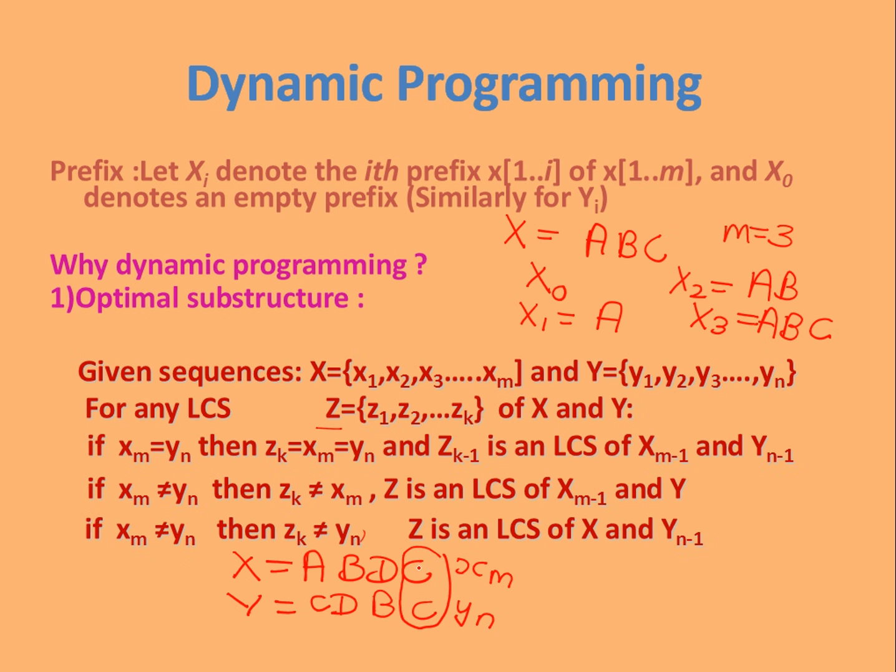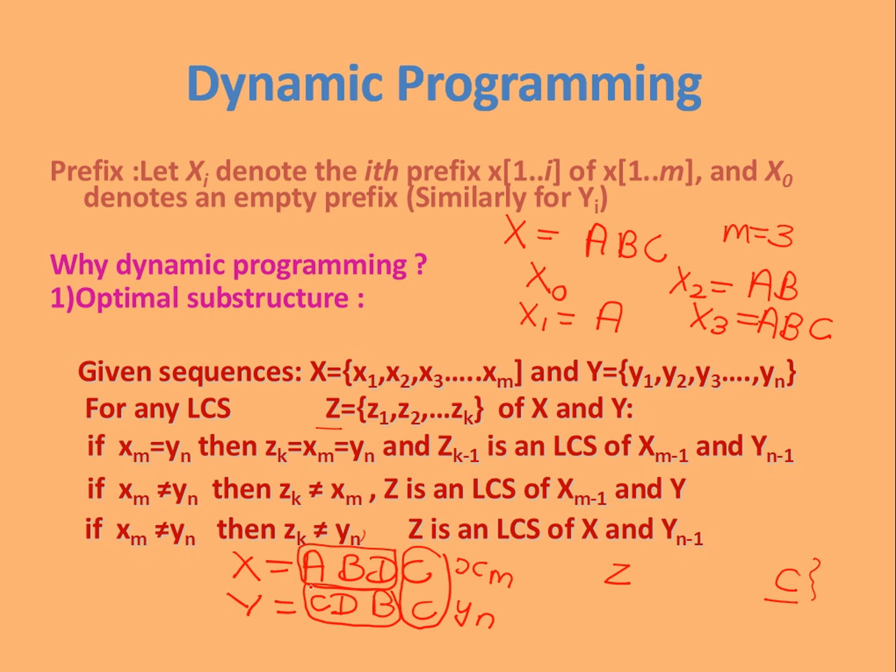So surely this C will be in z. At the last position you will have this C. Otherwise your answer is not optimal because C is common to both. Thus it should be in your LCS. Now if you have taken this C, the whole problem reduces to finding the LCS of ABD and CDB.